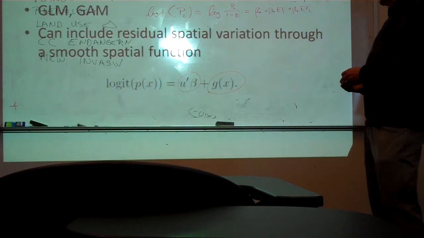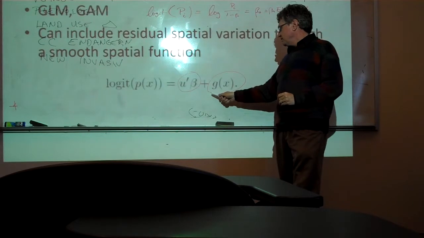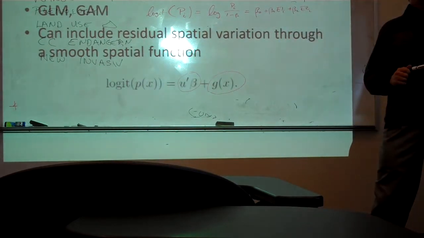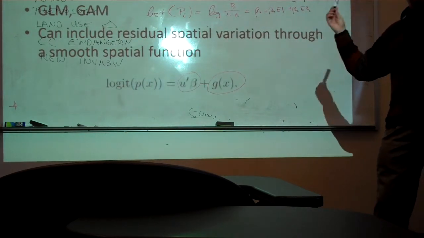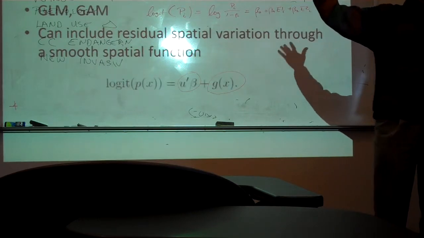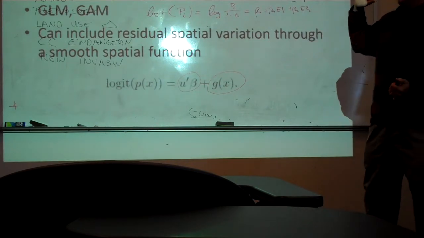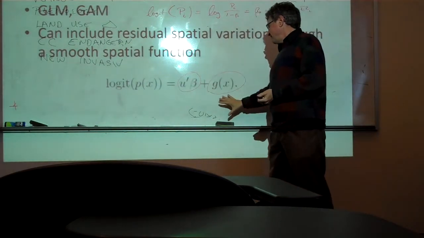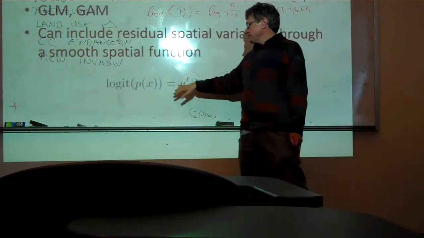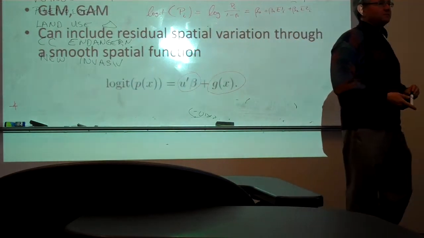Typically this is fit by some kind of non-parametric smooth function like a spline, and you have to pick some parameters that tell you how much that function is allowed to wiggle across space. Then it finds a particular pattern that, when combined with these predictor variables, maximizes the likelihood of this model.